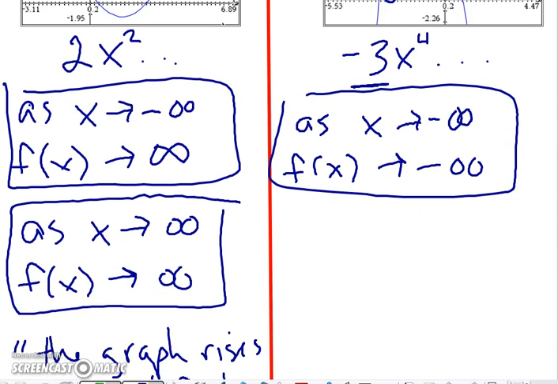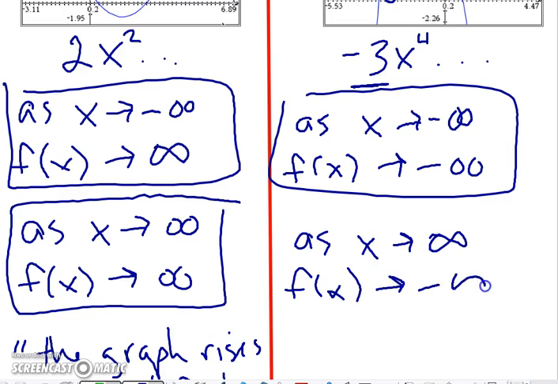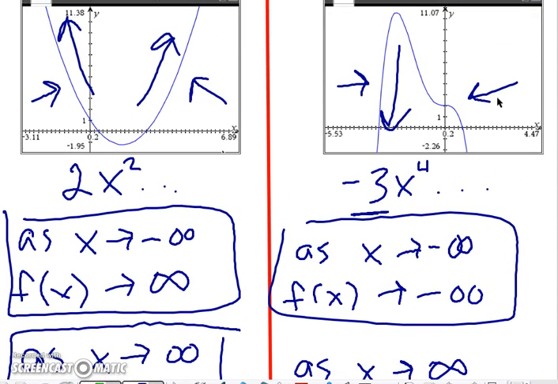And then additionally, as x goes to positive infinity, f of x still goes to negative infinity. Because again, as we look at the graph, on the left-hand side we're going down, and on the right-hand side we're still going down. So we're going to negative infinity in the y direction.